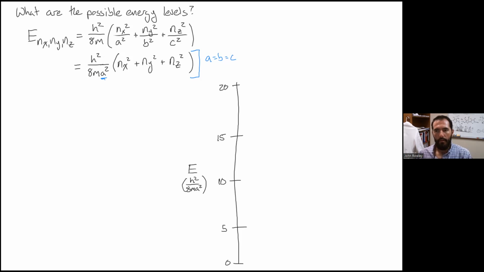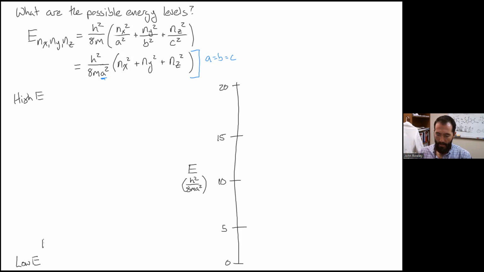Okay, let's go ahead and look at the possible energy values, the low energy values and the high energy values. For the particle in a 1-dimensional box, our lowest energy level is just n equals 1. For the particle in the 3-dimensional box, the lowest energy is nx equals 1, ny equals 1, and nz equals 1, where everything is in the n equals 1 level.